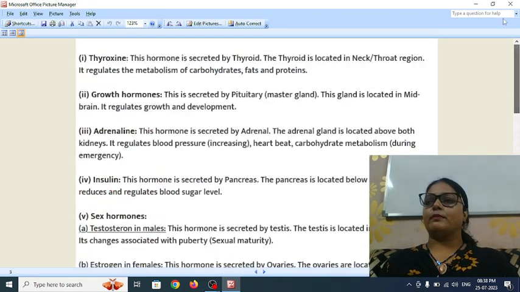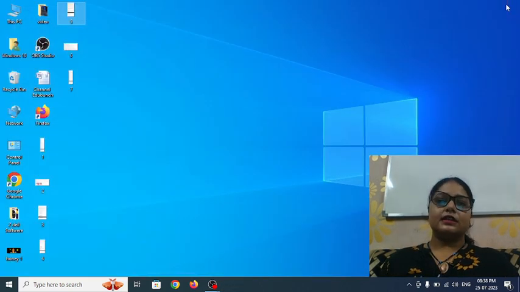So we have to manage it properly, if our pancreas releases the insulin hormone in a proper way.